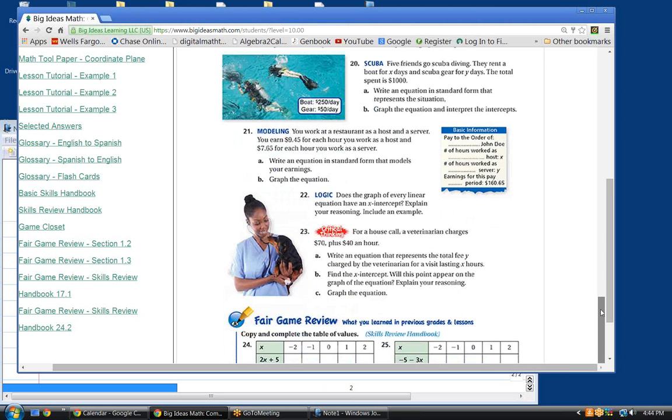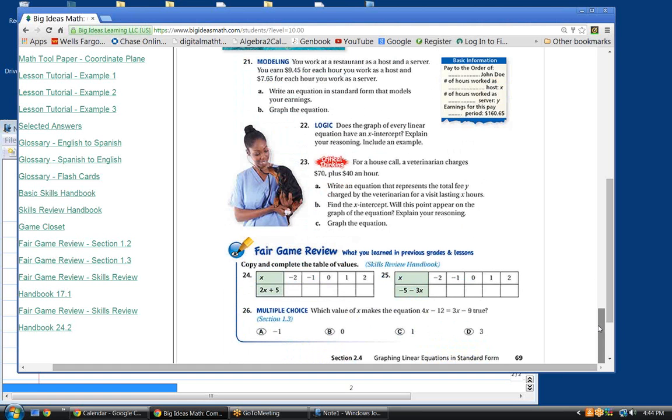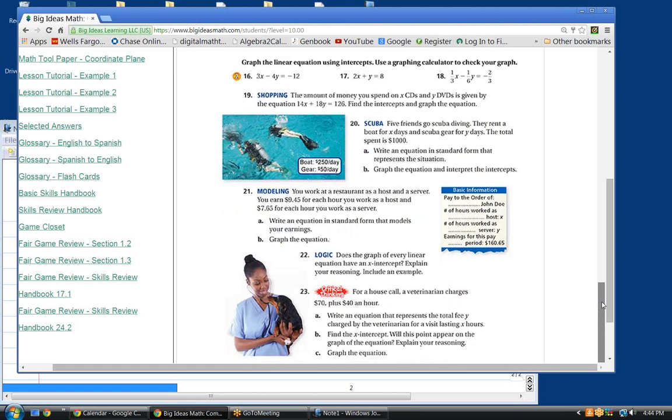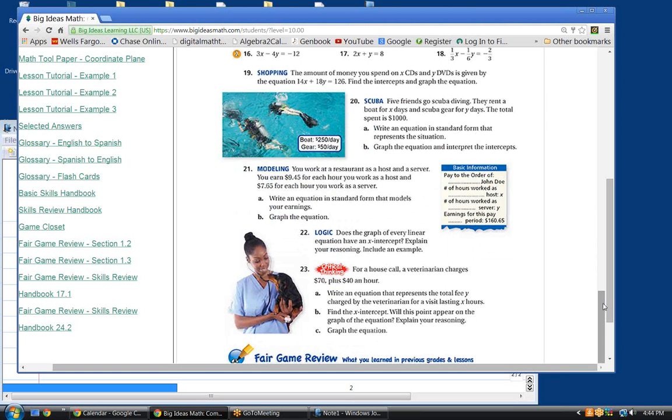How about some of these word problems? In other words, 19 is no big deal. 19 is the same as 16, 17, and 18. Let's look at 20.